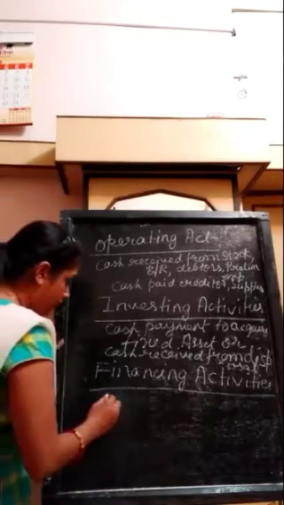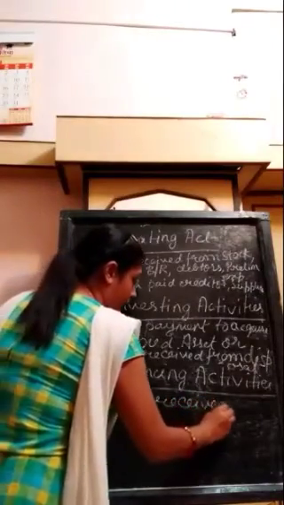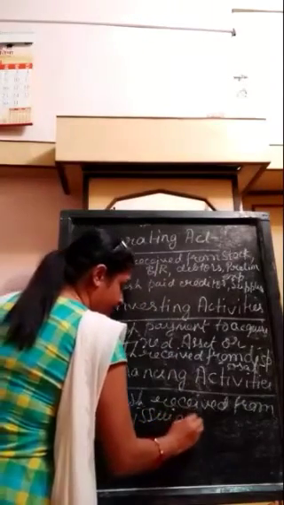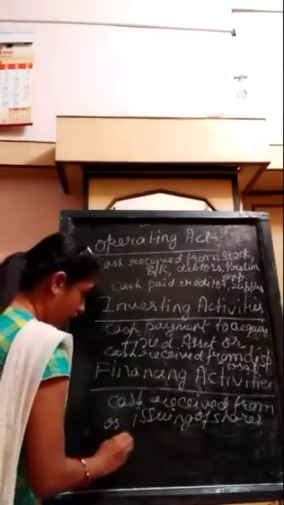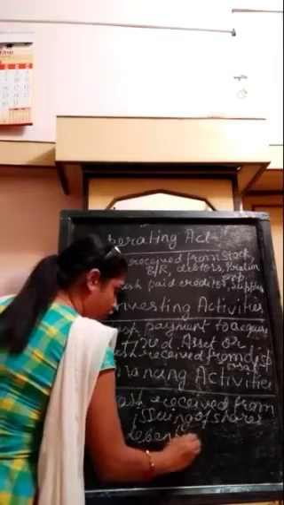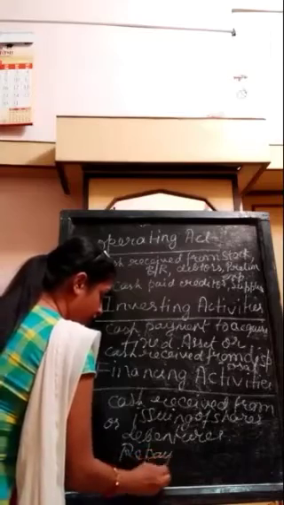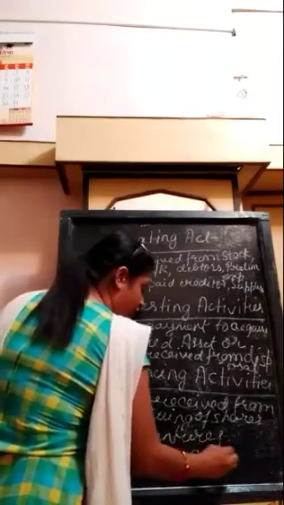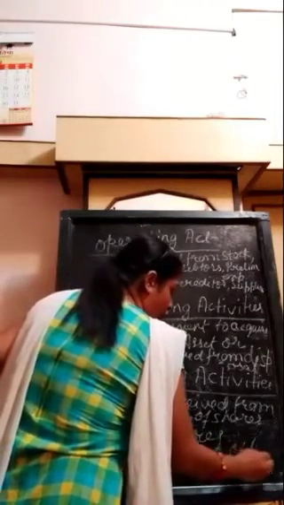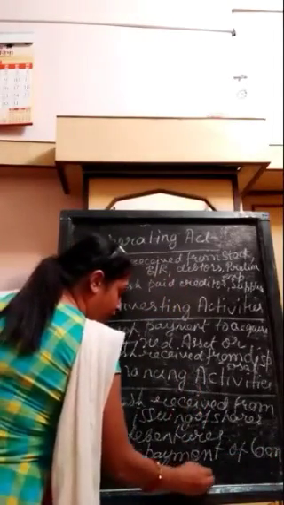This is all about the cash received from issuing of shares or debentures, and also cash paid for repayment of any kind of loan or payment of dividend or payment of interest.